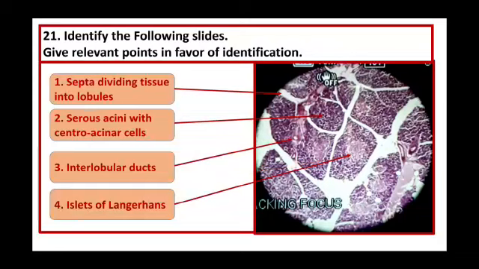Septa is seen, which is dividing the tissue into a number of lobules. Serous acini with centroacinar cells are seen, and interlobular ducts have been focused. Apart from this, the islets of Langerhans are also seen.